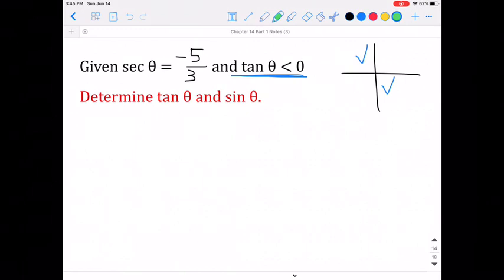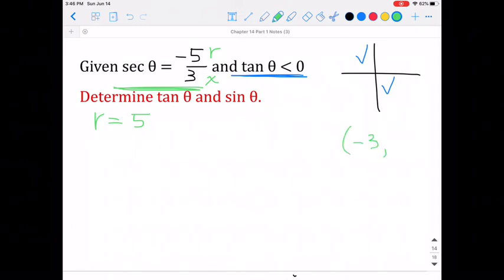We also know that secant of theta is -5 over 3, and remember secant is represented as r over x. And the one thing that we know for sure is that r can never be negative, so r is going to be +5, which means that our x value is going to be -3.